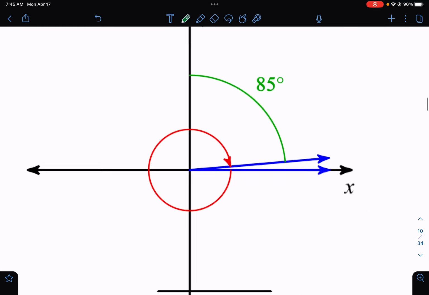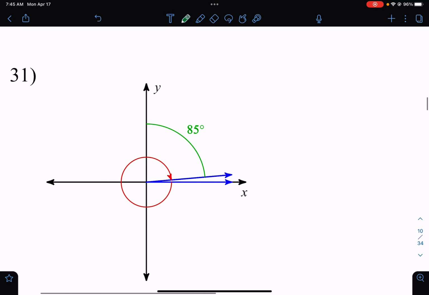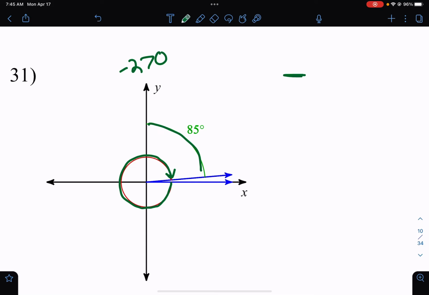Ooh, this is a fun one. So this one, we went backwards, right? So this is going to be a negative angle. Now, there's a couple different ways we could think about this. We know that this would be our negative 270, and then we went 85 more in the negative direction. So you could do negative 270 minus 85.